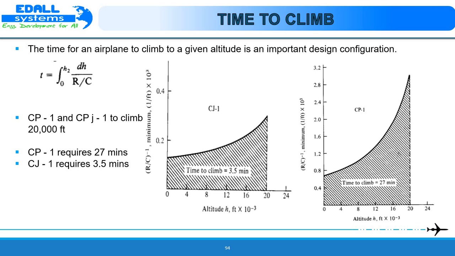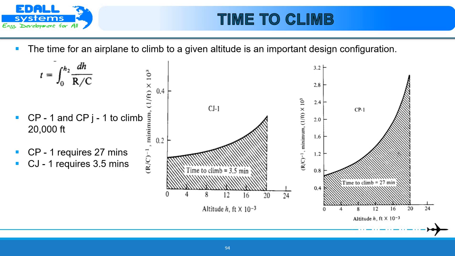The graph here shows calculated and compared time required for CP1 and CJ1 to climb to an altitude of 6096 meters. For the CP1, with the equation t equals the integral from 0 to h2 of dh by R by C, the time to climb is equal to the shaded area under the curve shown. The resulting area gives time to climb as 27 minutes.